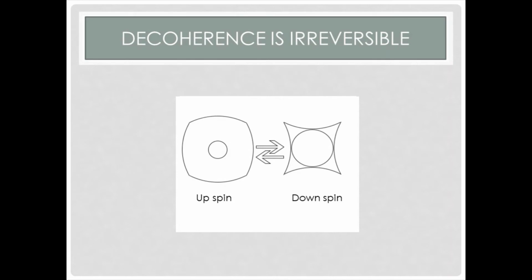We talked about entanglement, which is reversible, but decoherence, which is interaction, is an irreversible transformation. That means that decoherence must conserve energy. So if the wave function changes, the field curvature must change as well.